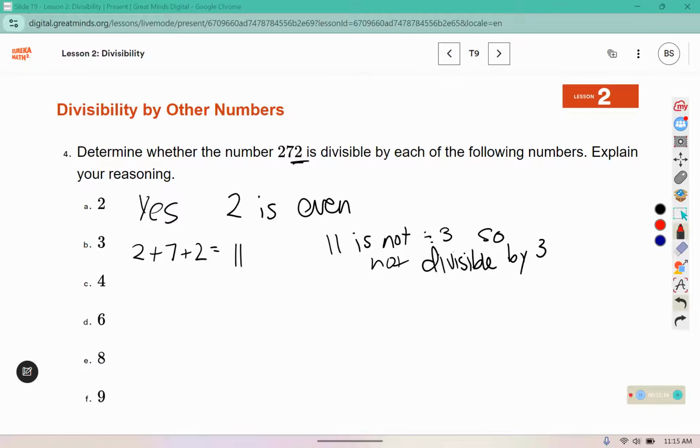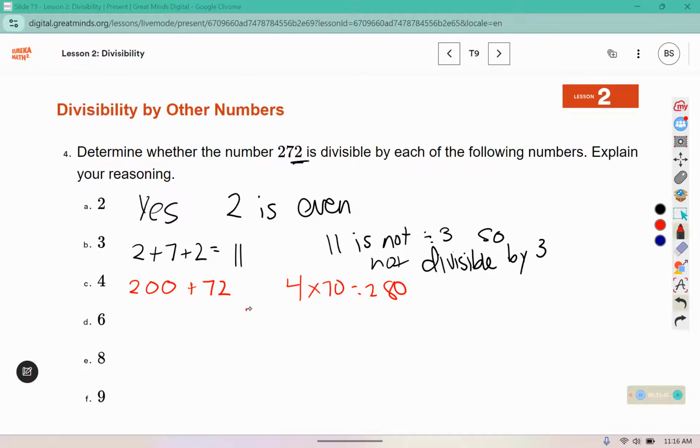For number 4, or for C, for 4s, well, we know 200 is divisible by 4. Is 72 divisible by 4? We could also try, we know 4 times 70 would give us 280.